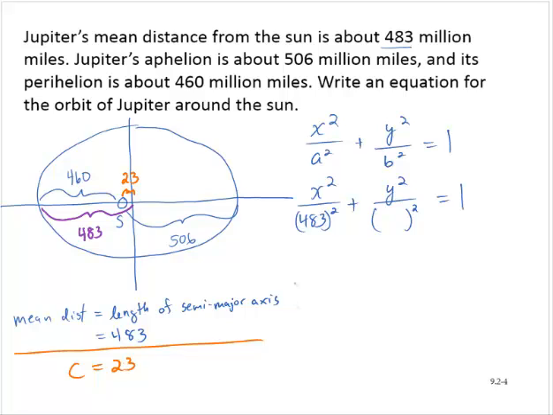Now, since c squared is equal to, in this case, a squared minus b squared, then that would tell me that c squared, 23 squared, is equal to 483 squared minus b squared. Now let's solve that for b.